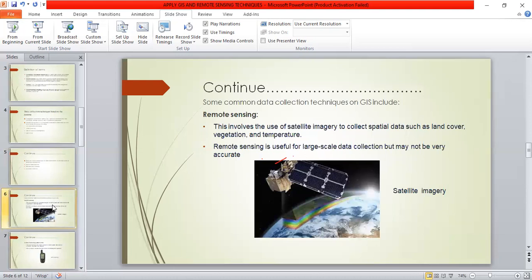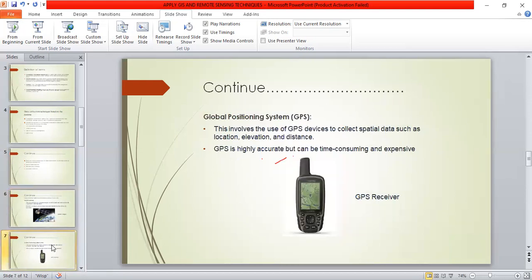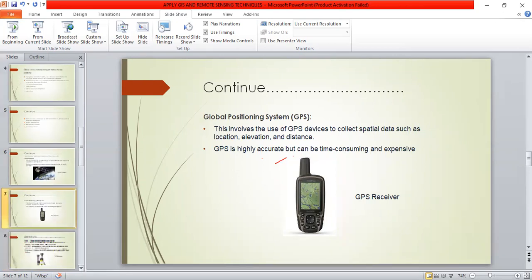There is remote sensing, I guess. Thank you, Jacob. That is true. Lillian. Global positioning systems.